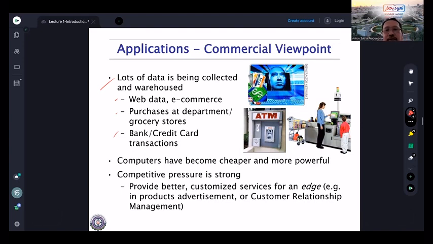And computers have become cheaper and more powerful. Of course, as I said, 20 years ago, I bought a 256 megabyte pen drive. At that time, it cost about 300 ringgit Malaysia, I'm not sure, maybe around 100 Brunei dollar, I think, BND.